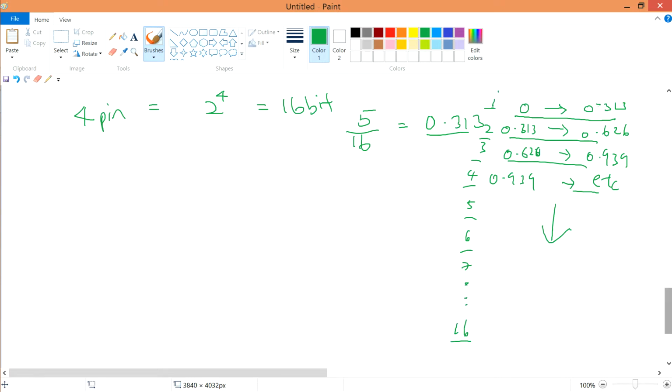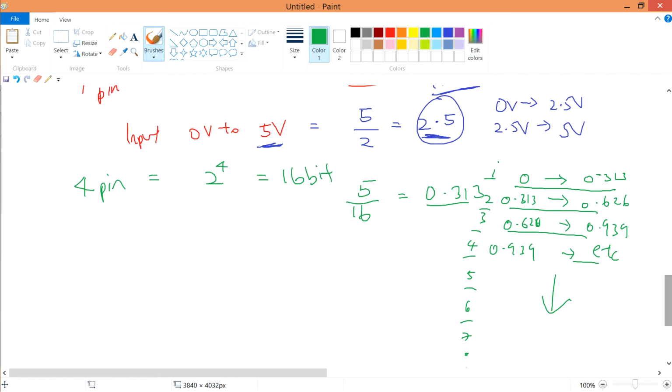So I can have more sampling, or a more discrete system to look at, and therefore I can represent our signal better.